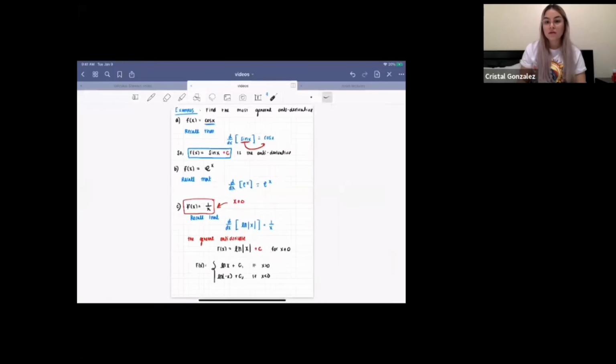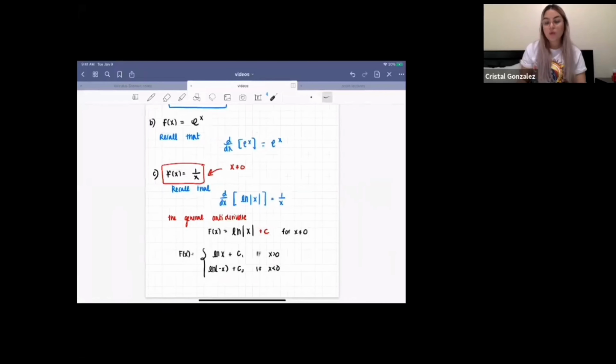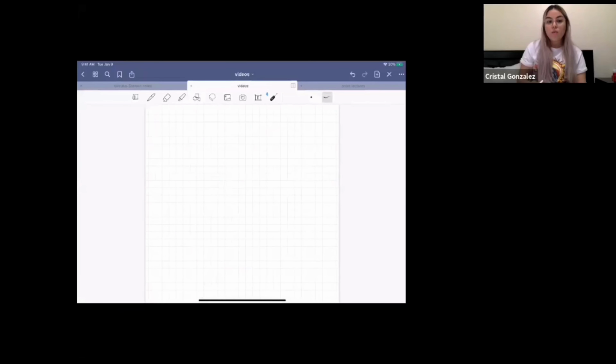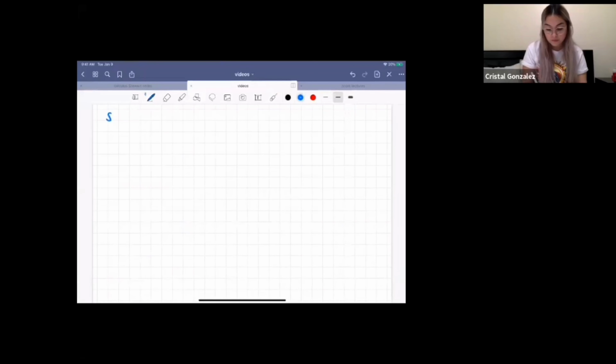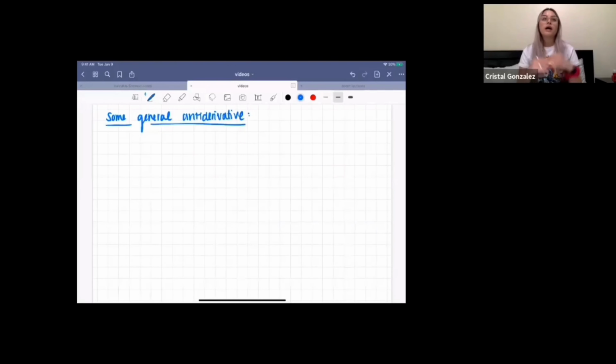Okay. And now what I want to do is go over some general antiderivative formulas. And again, this is going to feel very similar to when we were starting to learn derivatives, where I just gave you a bunch of functions and said, here's a derivative.